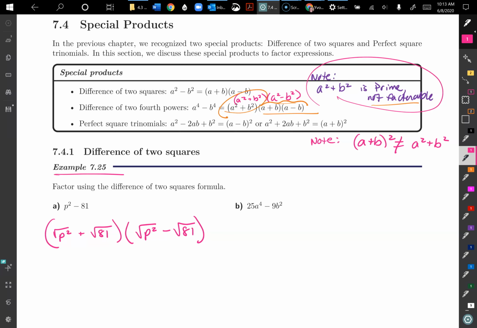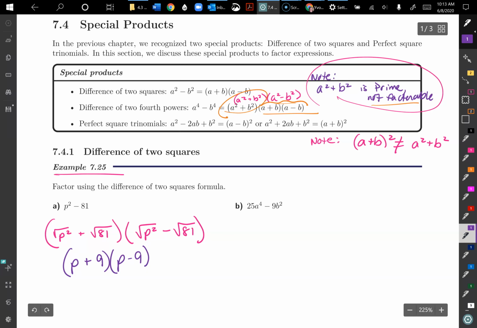So you don't have to write this out every time. I'm just really want to stress what I'm doing for the lesson. But now we would take the square root of p squared. So we would have p plus square root of 81 would be 9 times quantity p minus 9.